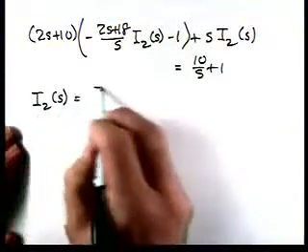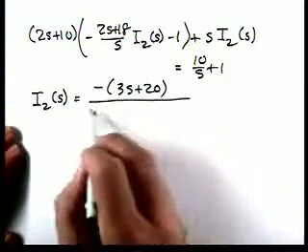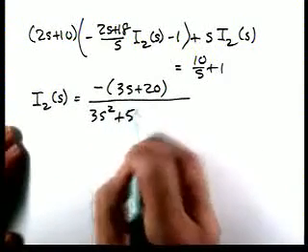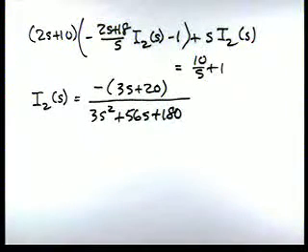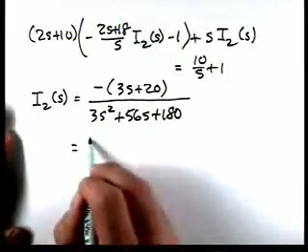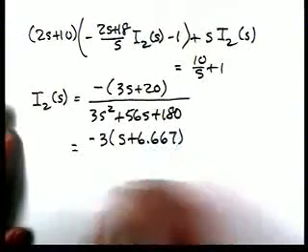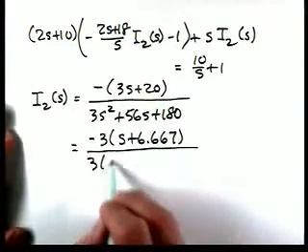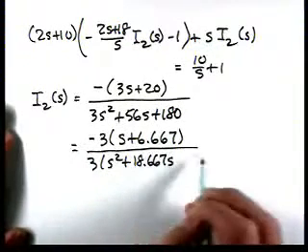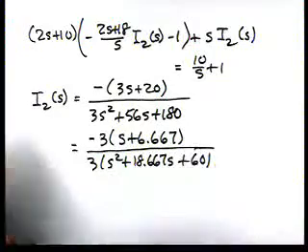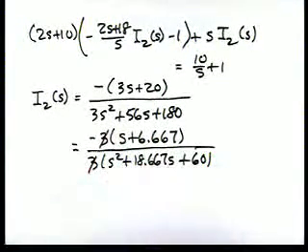We have minus 3S plus 20 over 3S squared plus 56S plus 180. Now let's factor a 3 out of the numerator and denominator. So we have minus 3 times S plus 6.667 over 3 times S squared plus 18.667S plus 60. And of course, we can cancel the 3's.